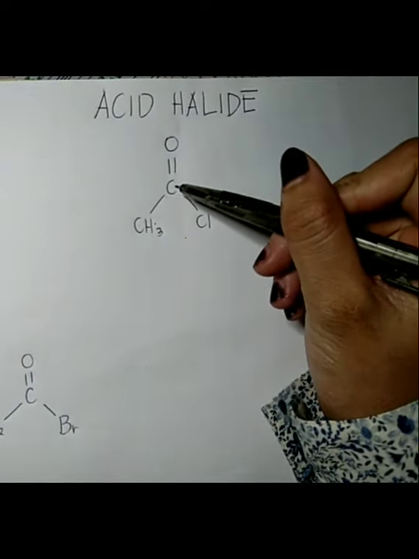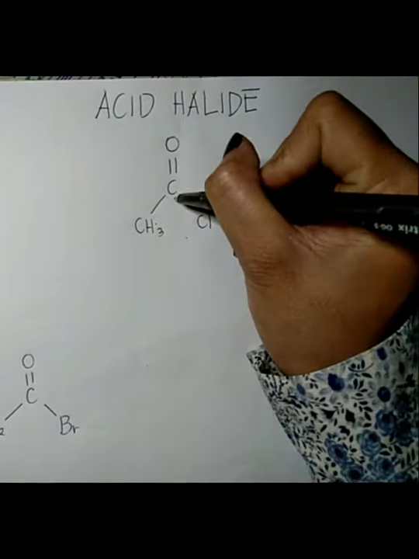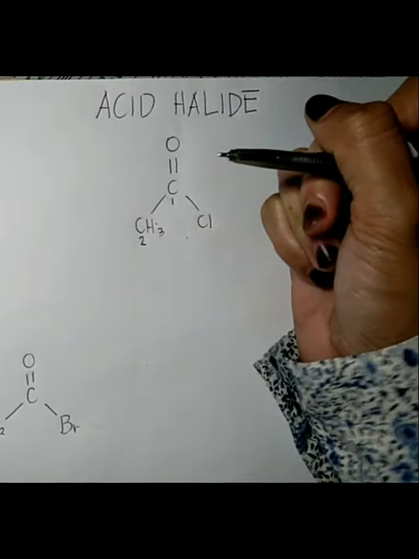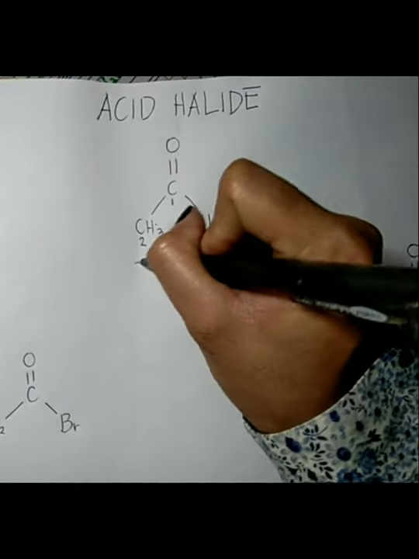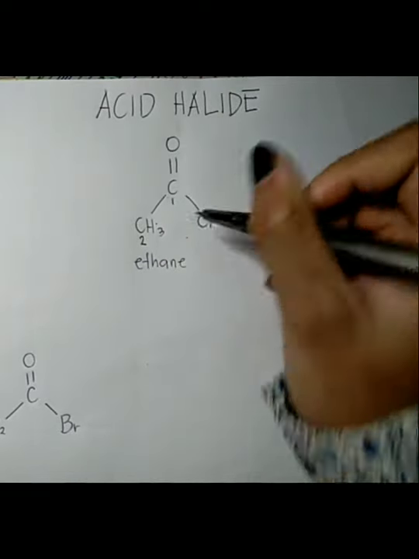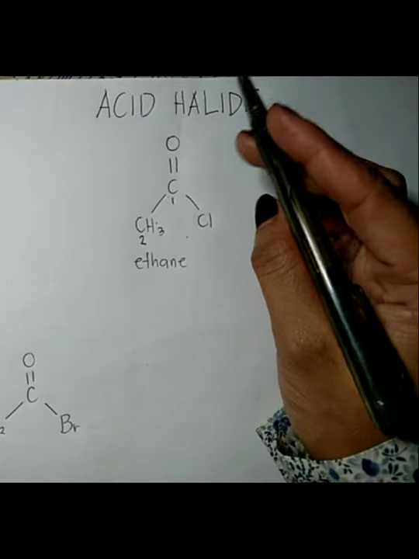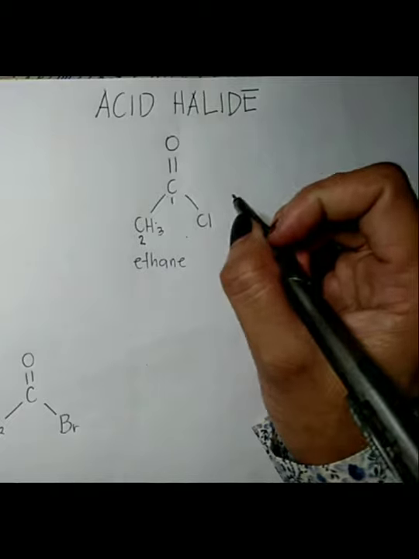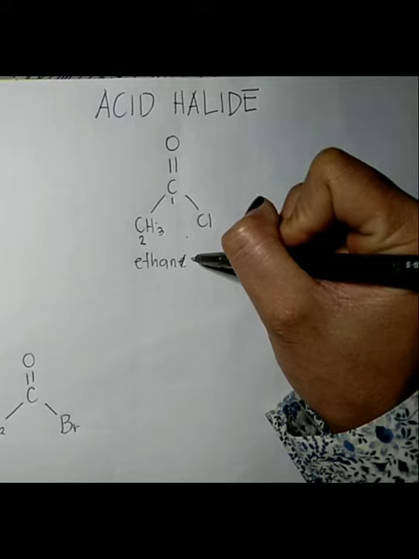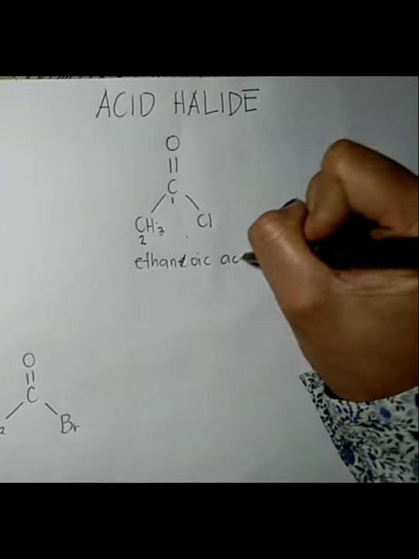So we will name this. We will number our carbon atoms, 1 and 2. So we have 2, so this is ethane, ane because it belongs to the alkane group. Since it is a carboxylic acid, we will remove this e right here and add oic acid.